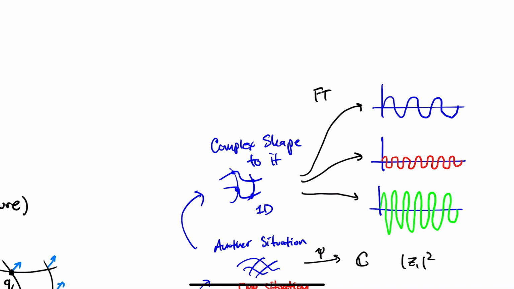We Fourier transform something complex into some things that are less complex. And here's where the physics comes in, when we consider the amplitudes of these modes, right?